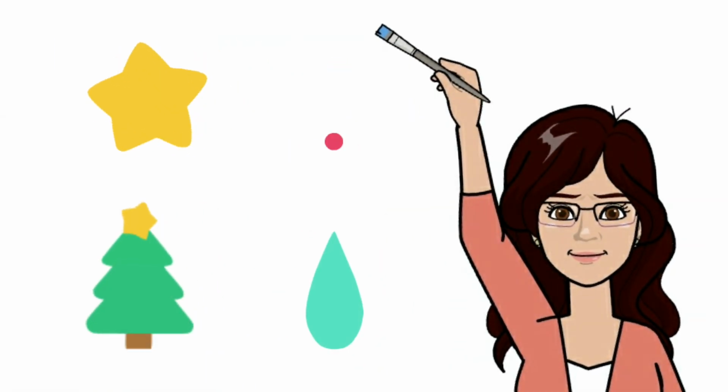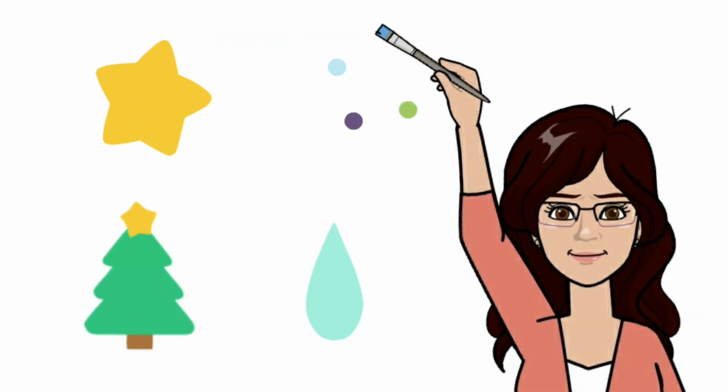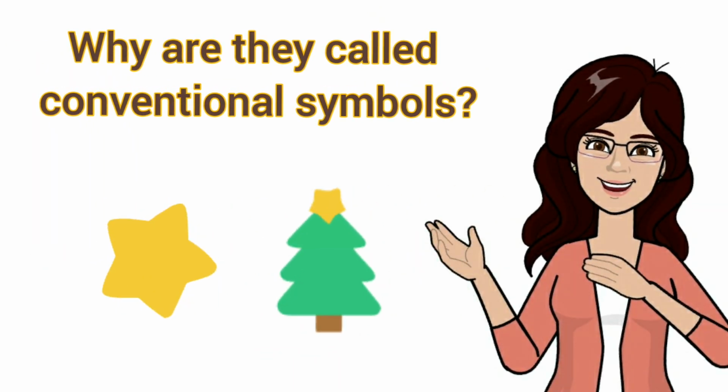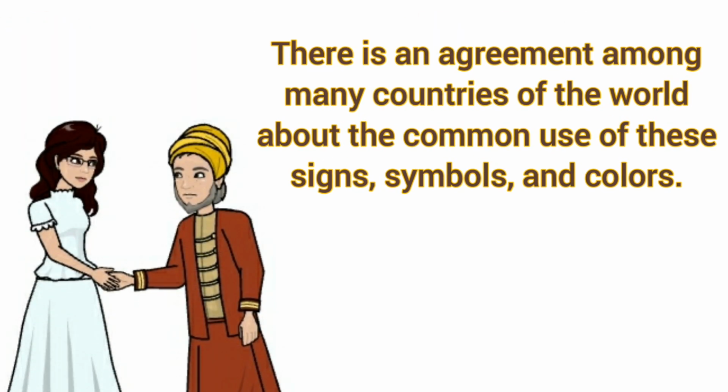Let us try to draw some of the conventional symbols. But before that, I would like you to know, why are they called conventional symbols? They are called so because there is an agreement among many countries of the world about the common use of these signs and symbols.